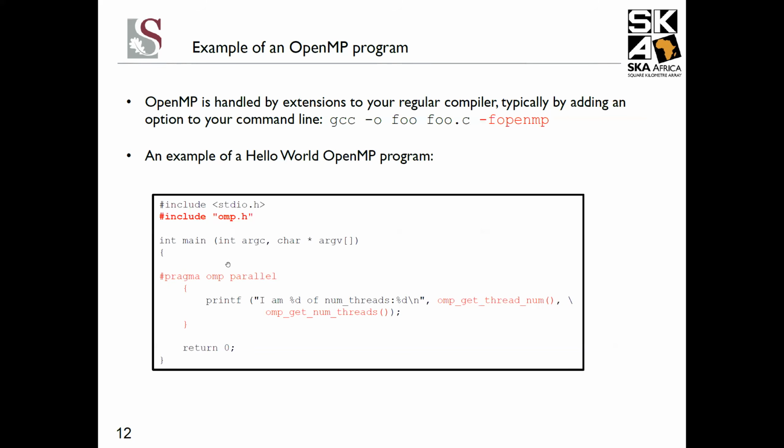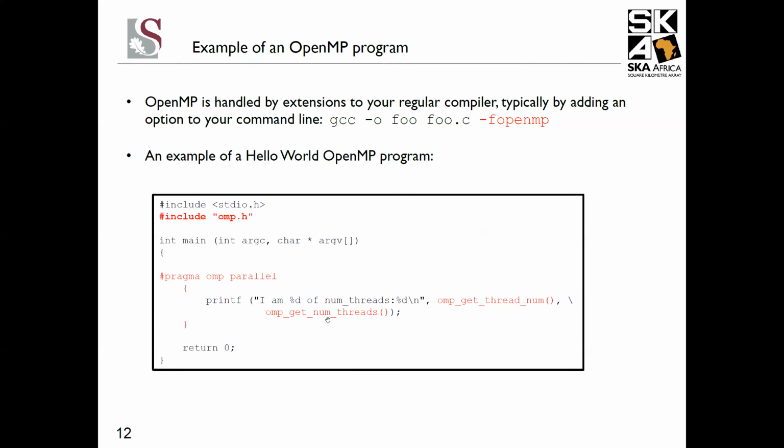What do these look like? Well, they look like this. It's these hashtag pragma statements, which speak to the compiler. And then I have a list of them that I can use. omp parallel is one where I define my parallel region. So this is my parallel region. I also have various runtime library functions that I gain access to, like omp_get_thread_num, which gets the number of the thread inside of the parallel region.